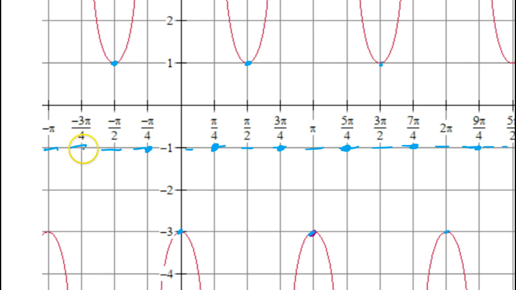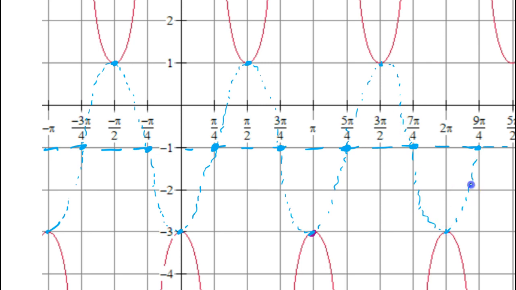This is what appears to be happening. I have to make this dotted. It's got to connect with those peaks and valleys, and on the way it has to hit that midline. So there you have it.